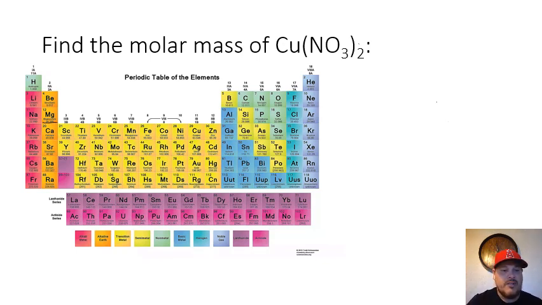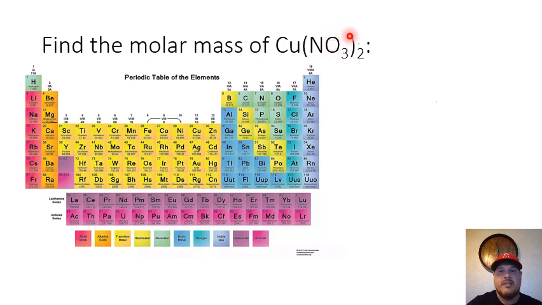All right, so the first thing I'm going to do is figure out the molar mass of copper nitrate. The ratio for copper nitrate is, for every one copper, there are approximately 2 nitrates. Now, nitrate is what's called a polyatomic ion, and it's just going to be an ion.